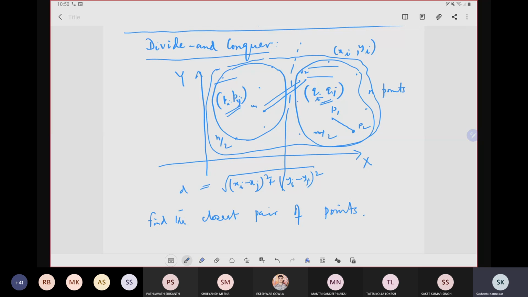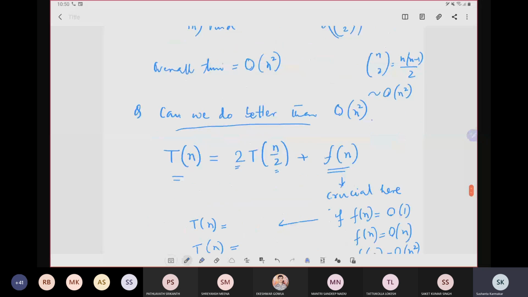It may not happen. Maybe some other point is here, such that they are the closest pair. It may actually so happen. So just getting these closest pairs and comparing among the two does not lead to the solution. We should be careful about that.